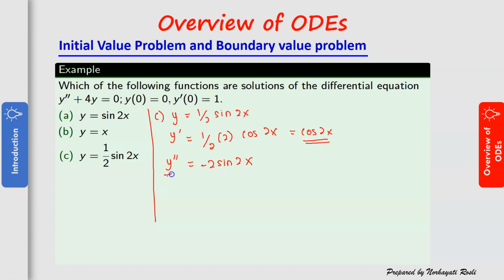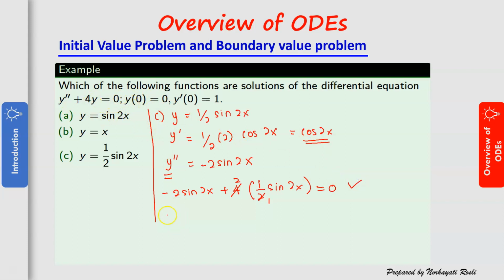When I substitute y double prime and y in this differential equation, I will have negative 2 sine 2x plus 4 times 1 over 2 sine 2x. When I solve this one I can cancel out, I get 0, which clearly is equal to 0. So it fulfills this differential equation.